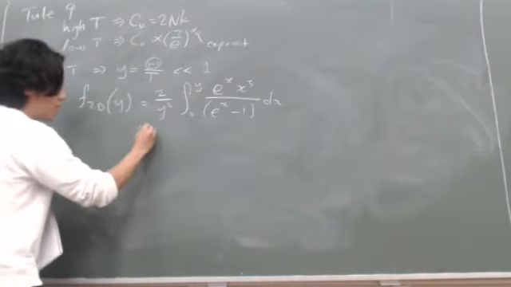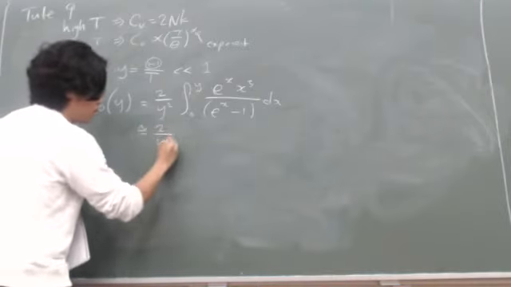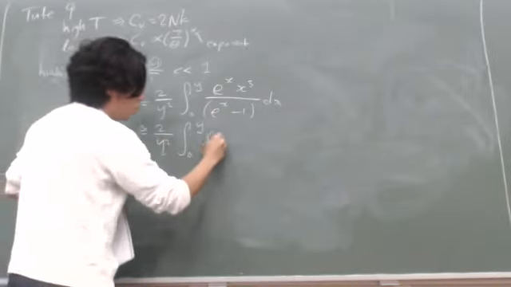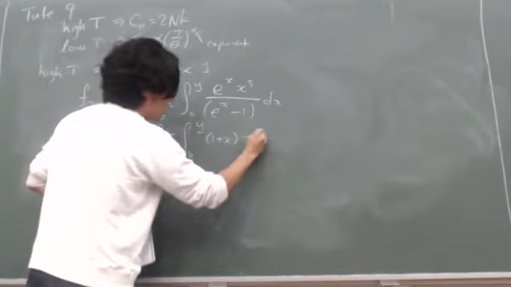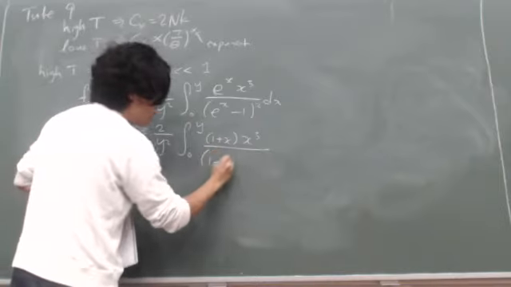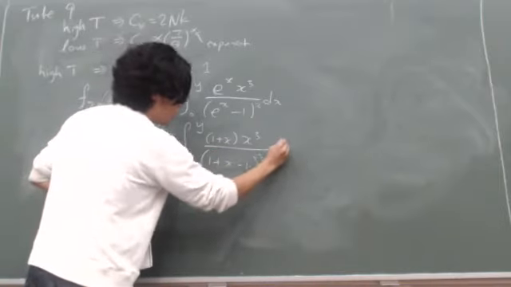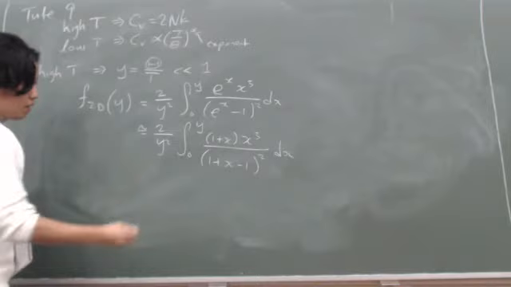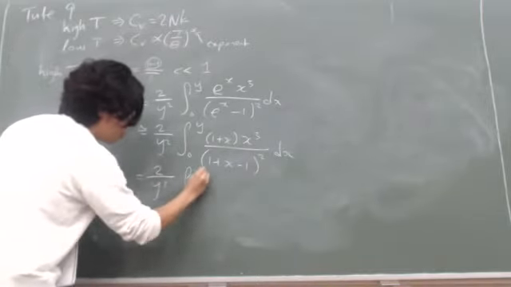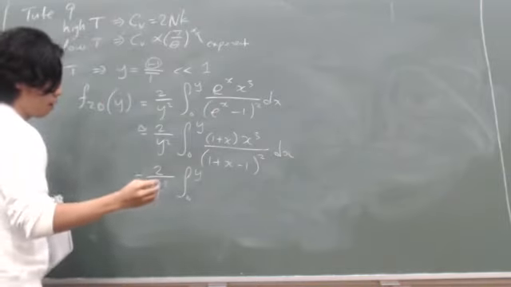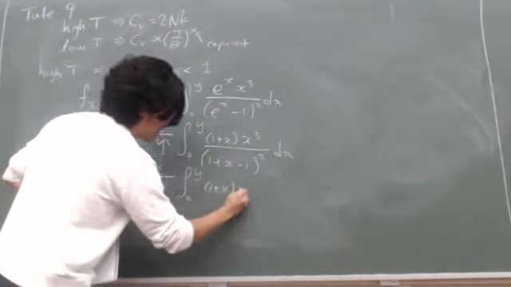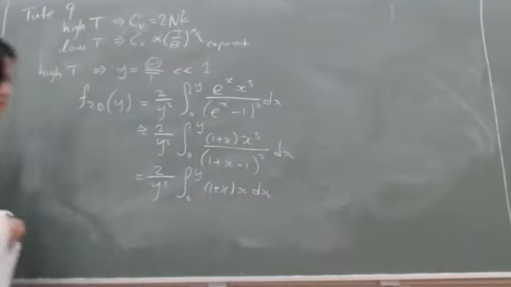When you Taylor expand this, you get 2 on y squared, integral from 0 to y, and e to the x becomes 1 plus x, so you get x cubed over (1 plus x minus 1) squared dx. So this equals 2 on y squared, integral from 0 to y of (1 plus x) times x dx.